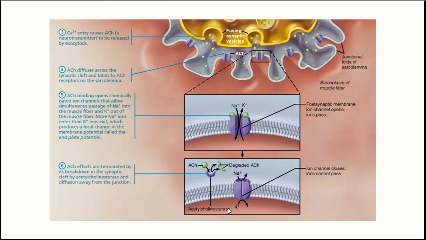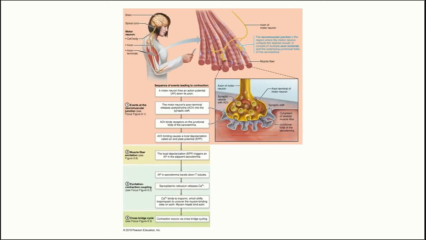Acetylcholinesterase effectively inactivates acetylcholine, so that signaling stops almost as soon as it begins, and this really helps prevent the muscle from becoming overstimulated. After this end plate potential occurs, or this local voltage change in our skeletal muscle, what we see next is a series of events called excitation occurring in the skeletal muscle, and excitation will ultimately lead to muscle contraction.